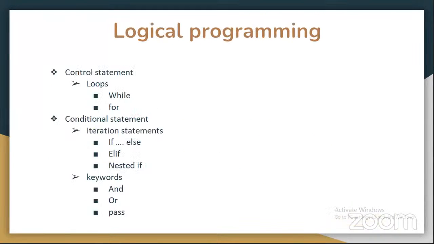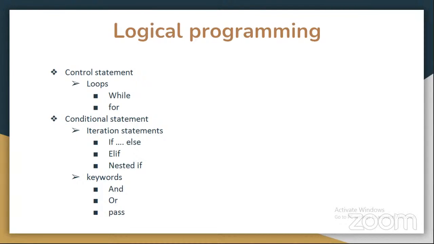In logical programming, we have two categories, which are control statements and conditional statements. In control statements, we have loops. A loop is nothing but a circle in which we specify a start and end point with conditions.